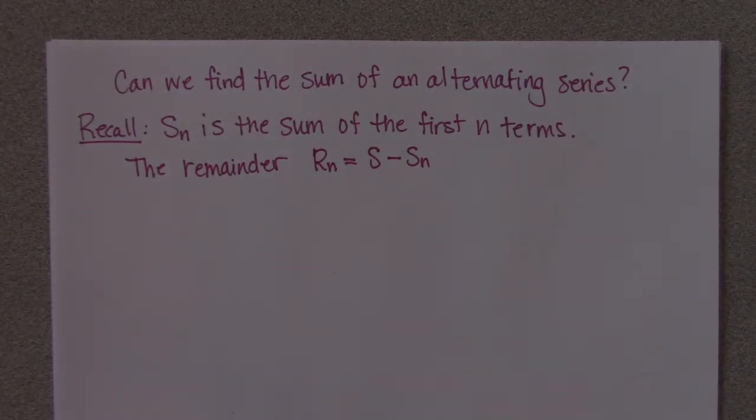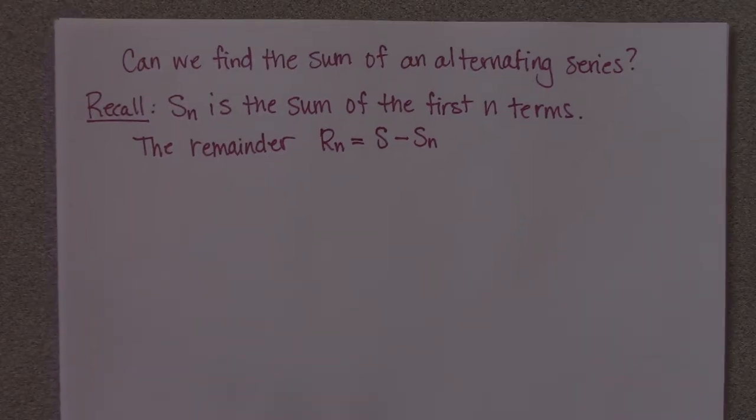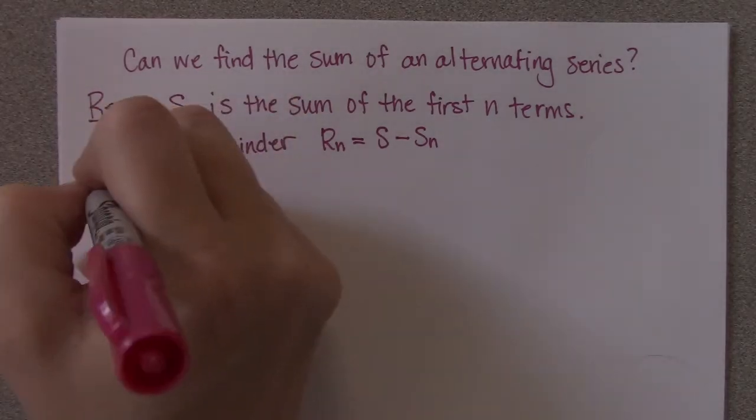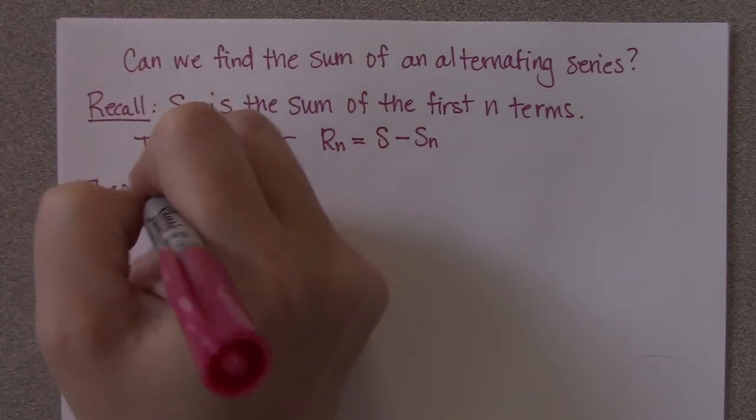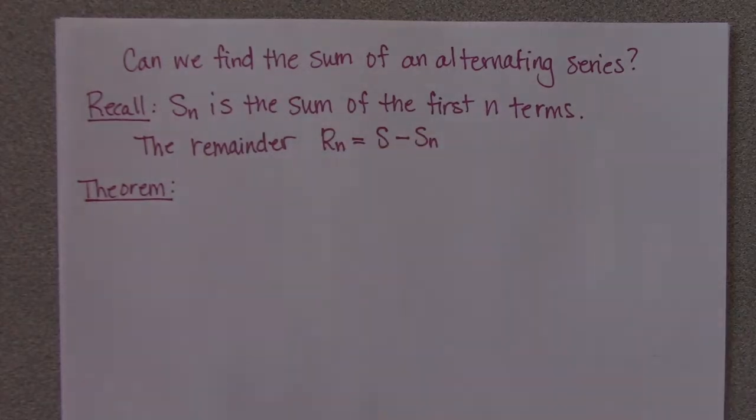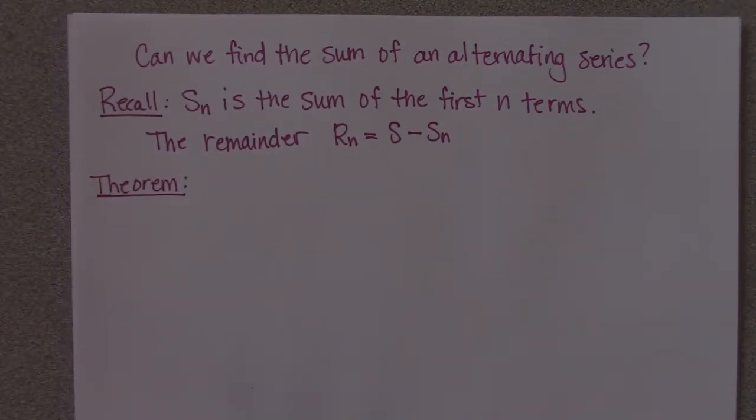So if you actually by hand pick an n and add up those n terms, then you know that everything you have left over is just the total sum minus that stuff, okay? So there's a theorem that says how we can calculate the remainder. And we can use the remainder to get us in the ballpark of what the series might actually sum to.